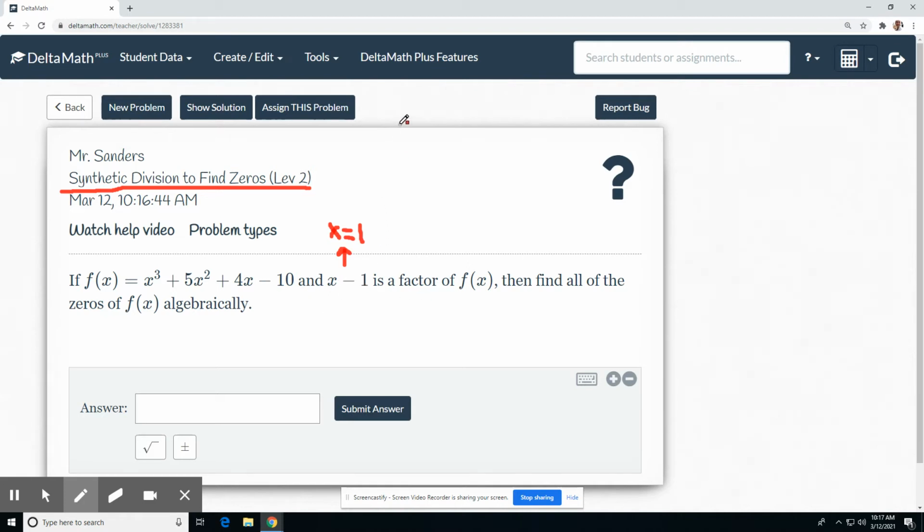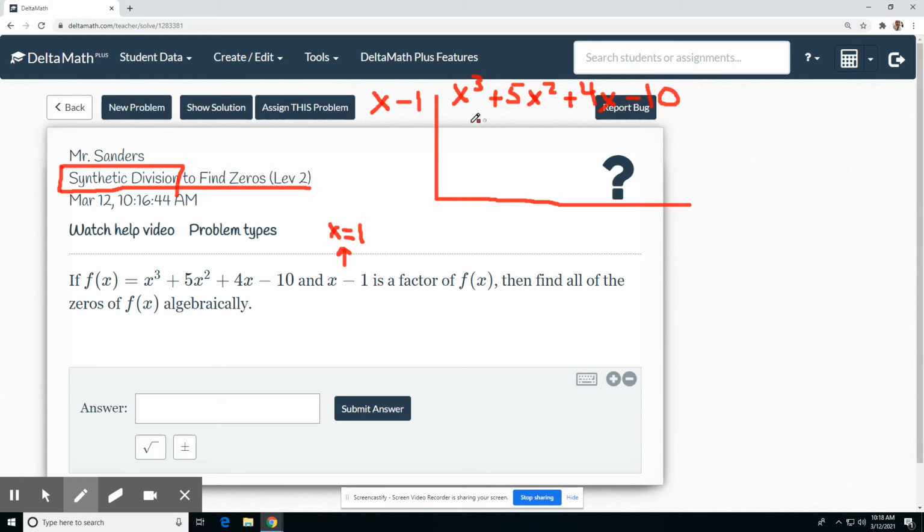And I'll go ahead and use it with synthetic division since that's their focus. So we have the x minus 1 going into x cubed plus 5x squared plus 4x minus 10.